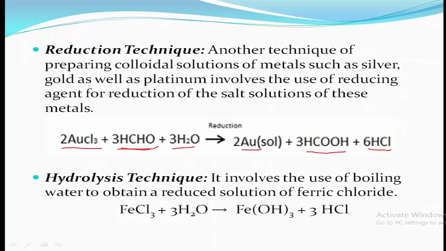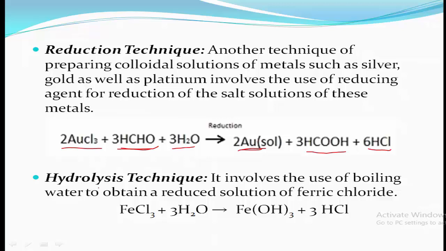Formaldehyde will act as reducing agent, and hence gold chloride gets converted into gold and forms the gold sol. In a similar manner, we can also prepare silver sol as well as platinum sol. So this is another technique.